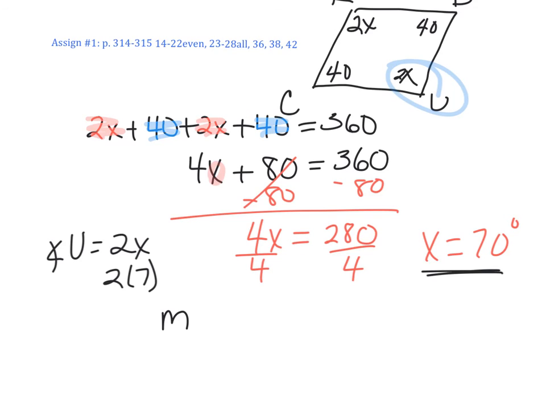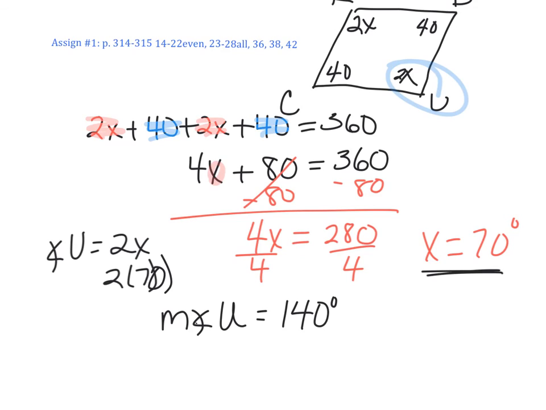Measure of angle U is equal to 2 times 70, which is 140 degrees.